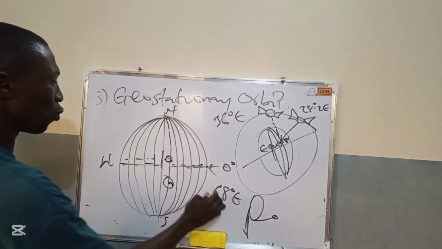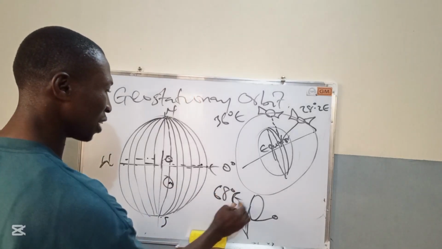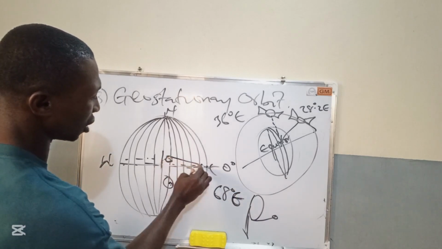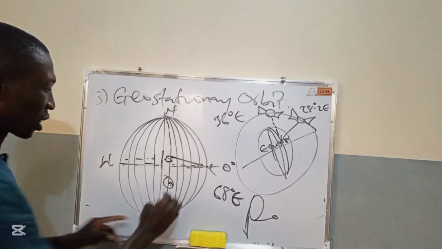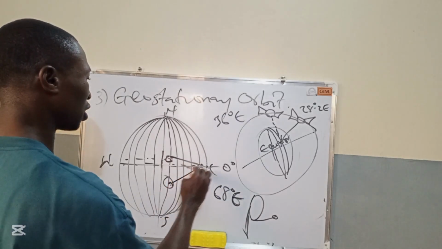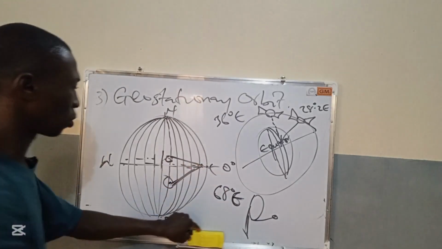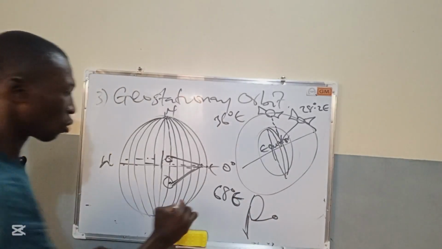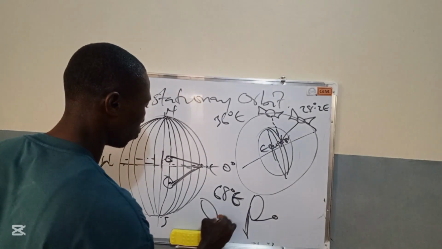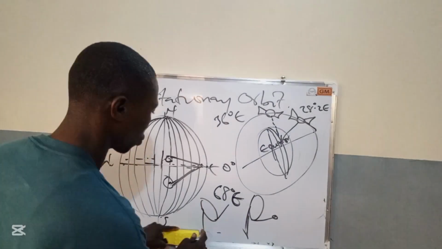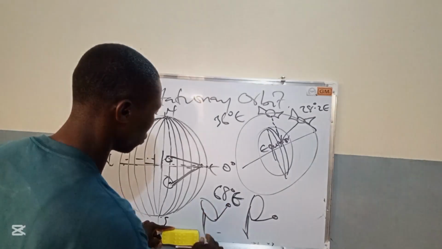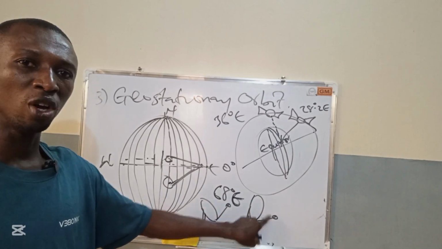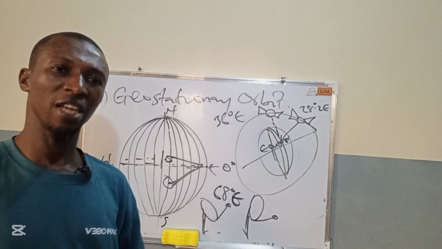If you want to align this same satellite, you will find out that in Nigeria the dish is facing down, but in South Africa the satellite dish will face up. Somebody in South Africa will face his dish this way, facing up, while somebody in Nigeria will face it this way, which means they have different elevation.